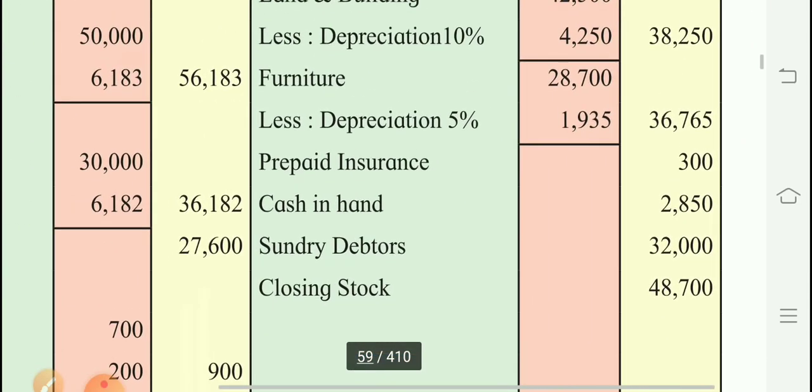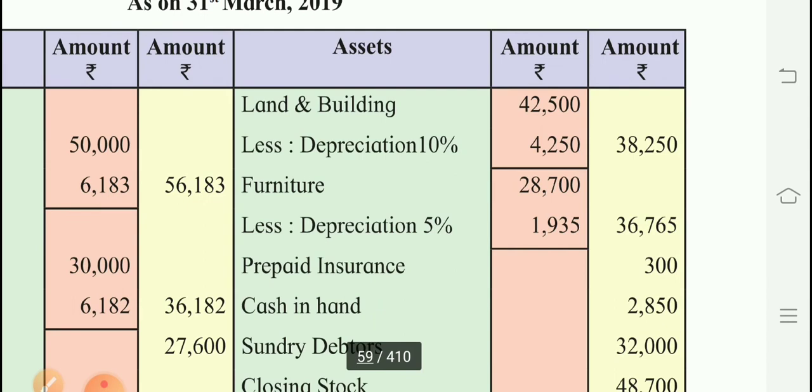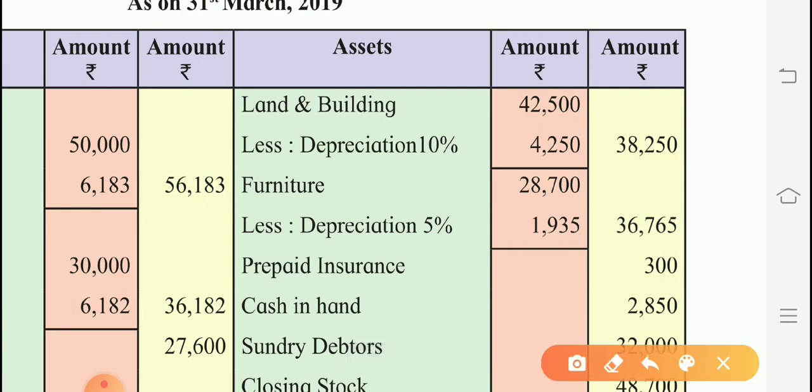Then see the asset side. Land and building is there. We deducted depreciation on land and building by rupees 4,250. That is the 10% depreciation. After deduction, the amount is 38,250 now. Similarly, we charged depreciation on furniture.